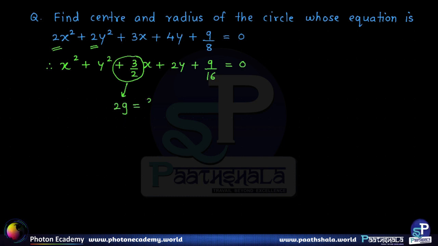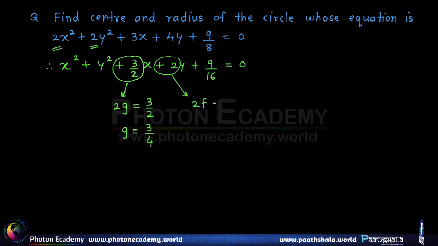So therefore 2g is equal to 3 by 2. That means g has to be equal to 3 by 4. And similarly the coefficient of y in the general equation is 2f, that is equal to 2 here. That means f is equal to 1. And the constant term c is nothing but 9 by 16.